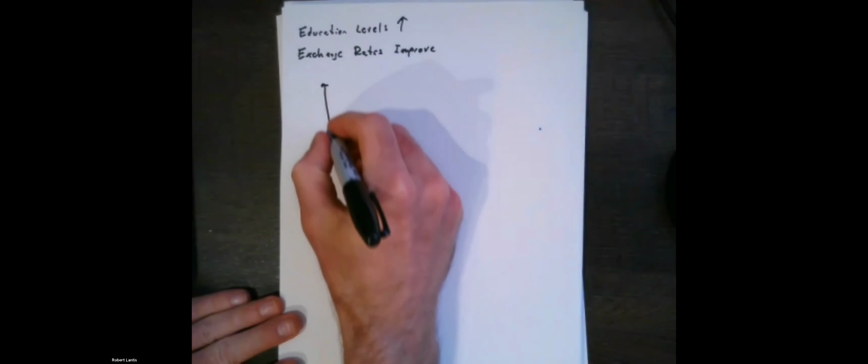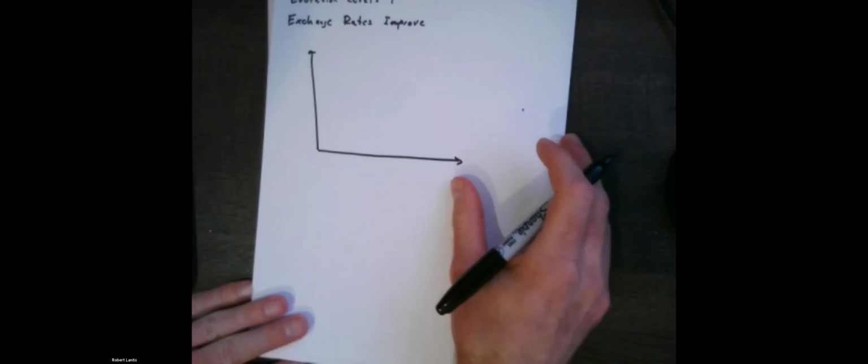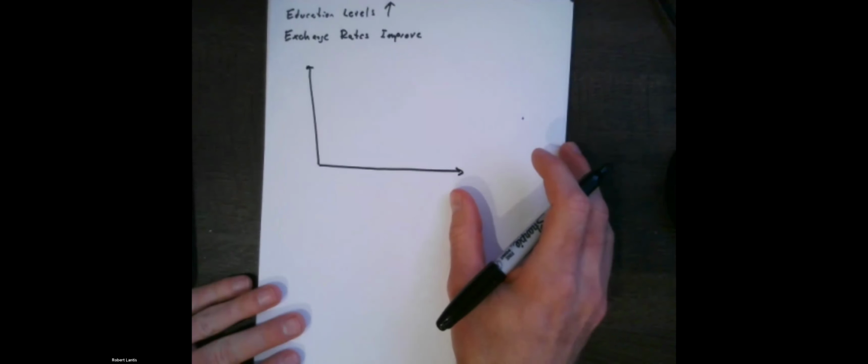Okay. So when we're thinking about these changes, I think that maybe the easiest way is to put them on separate graphs. So I'm going to do that, and then I'm going to show you what happens if we put them on the same graph.